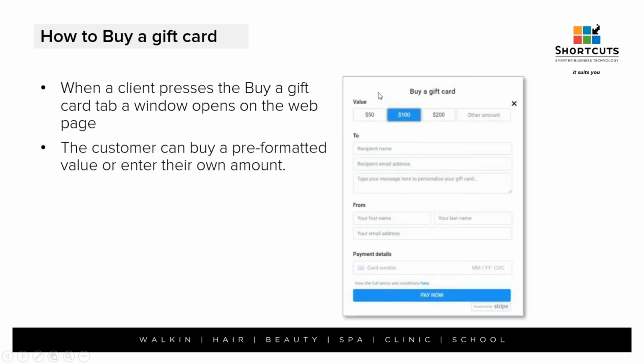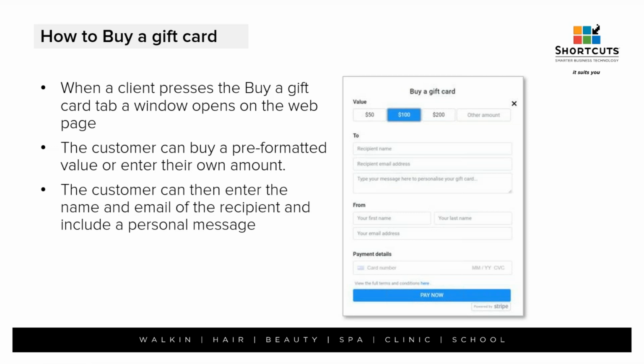The customer will see a window that says buy a gift card. At the very top, there are some default values, $50, $100, $200, or any amount that the customer wants. Then they put in the recipient's name, the recipient's email address, and a message if they'd like to personalize the email that the recipient is about to receive.